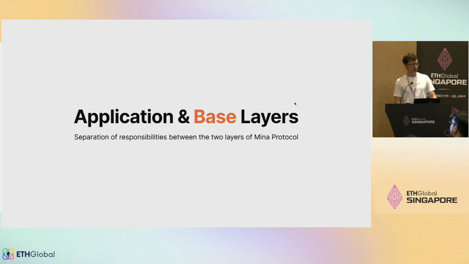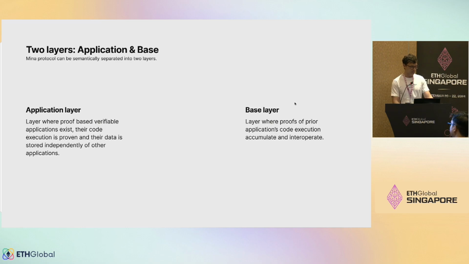And now we're going to look at our model for building applications, and we separate it into application and base layers, and the separation of the responsibilities of those two layers on top of Mina. The first is the application layer, and that is the layer where our applications live, where they will execute their code, where they will store their state, and everything of that execution state will be proven.